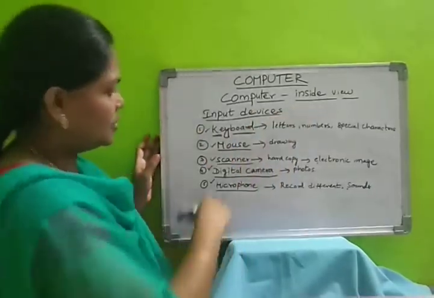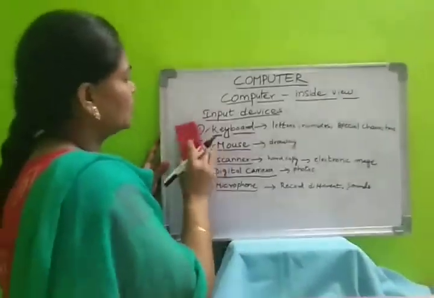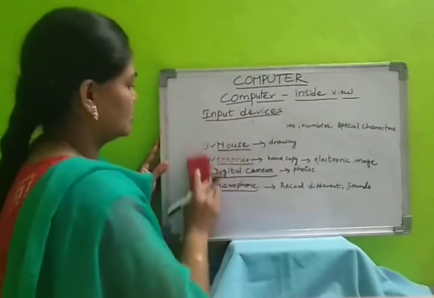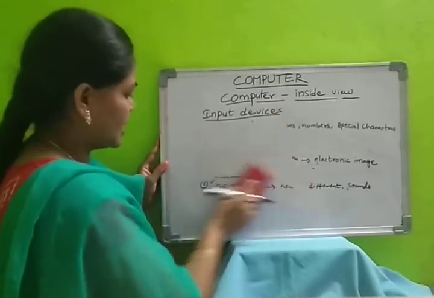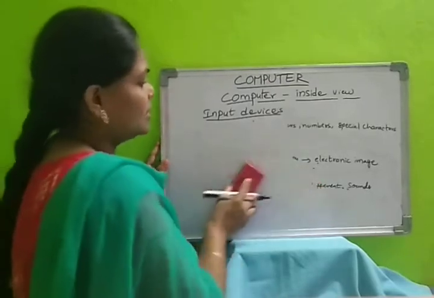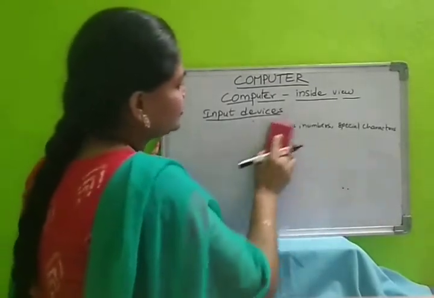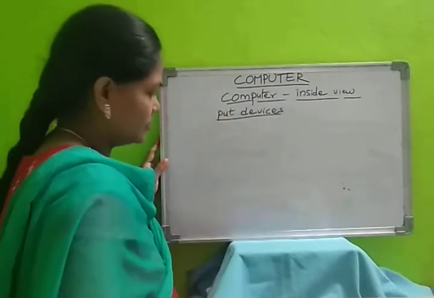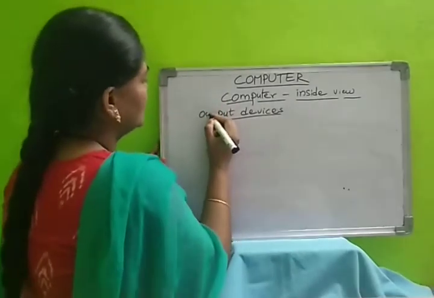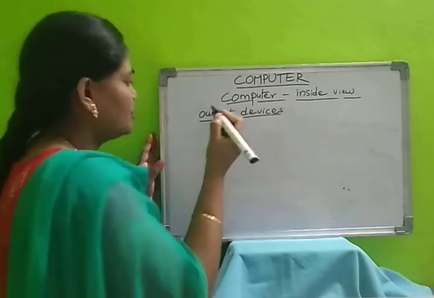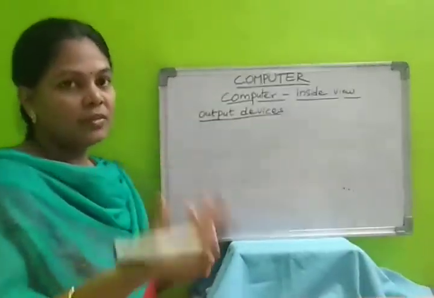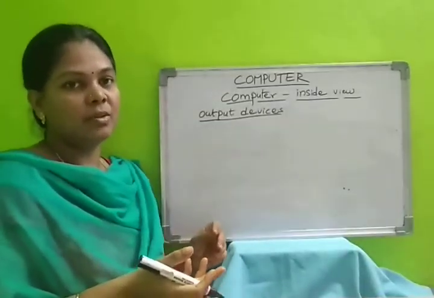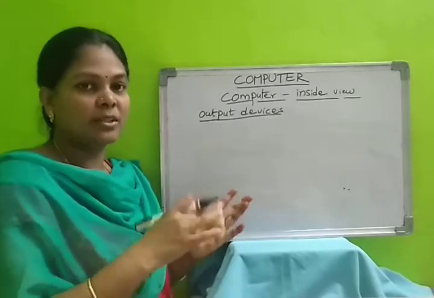Now we will learn about output devices. What are the output devices we have in our lesson? That we will learn now. So next one is output devices. Output devices are those on which you are displaying your information after process or storage.